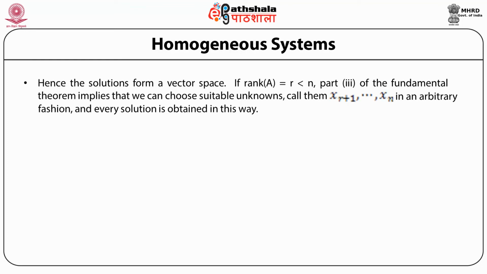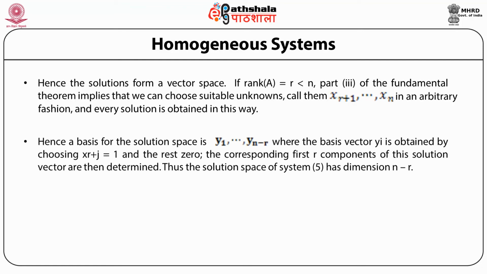If rank of matrix A is equal to r, which is less than n, then part 3 of the fundamental theorem implies that we can choose suitable unknowns. So we can call them xr plus 1 and so on till xn in an arbitrary fashion, and every solution is obtained in this way.